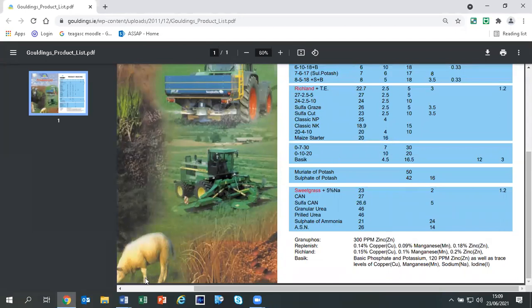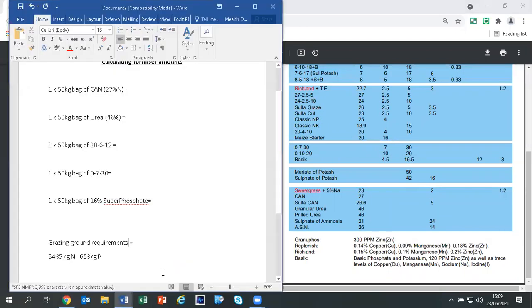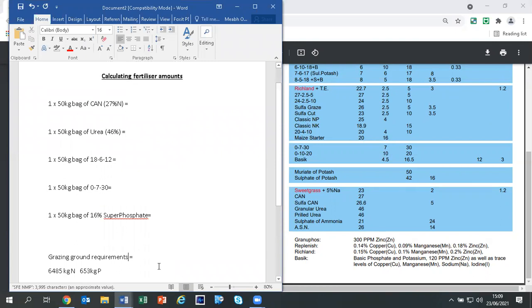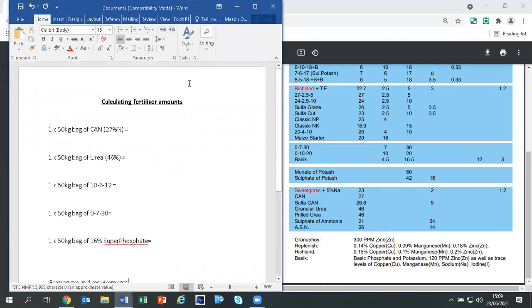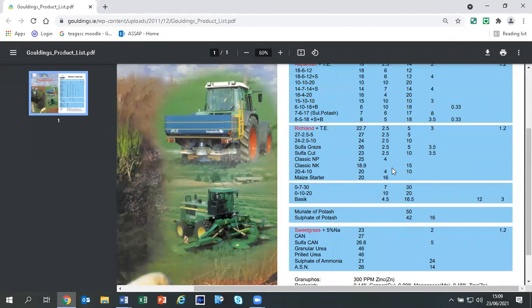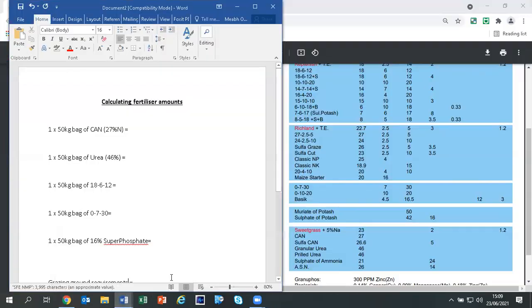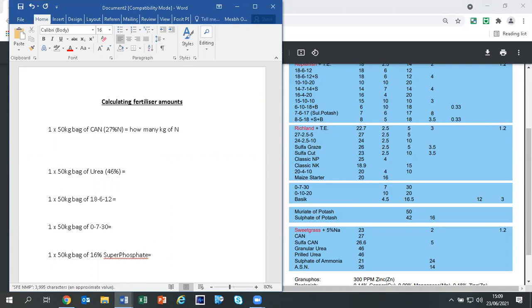I'm just going to open another page here that is going to help us outline how to calculate our fertilizer amounts. The first thing, we need to be able to interpret the breakdown of those fertilizer figures. So the first thing that we're going to do is take one bag, one 50 kilo bag of CAN, and figure out how many kilograms of nitrogen is contained in that 50 kilo bag.